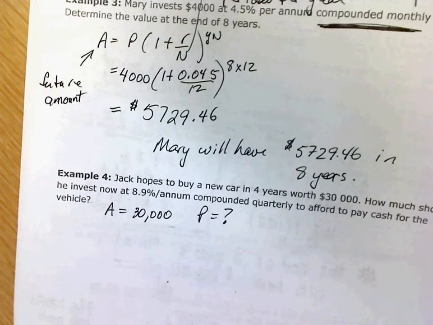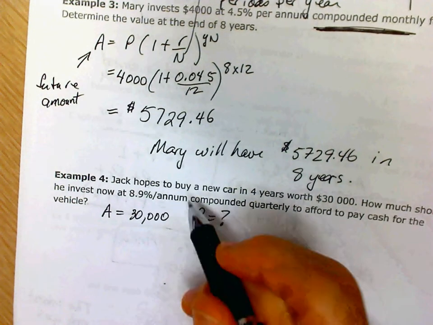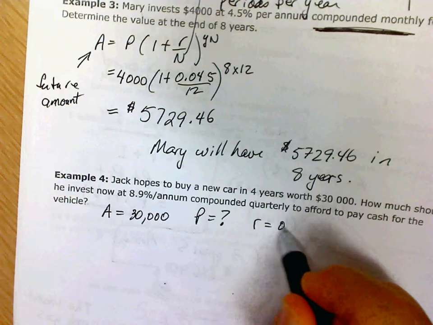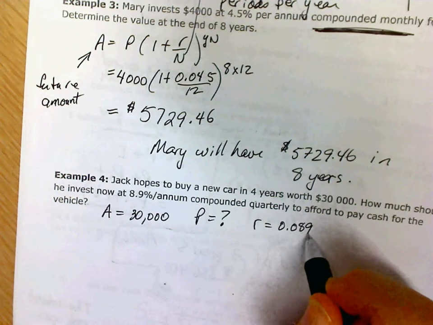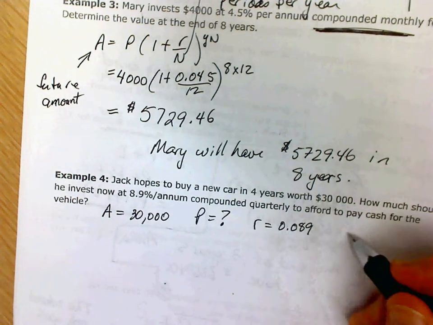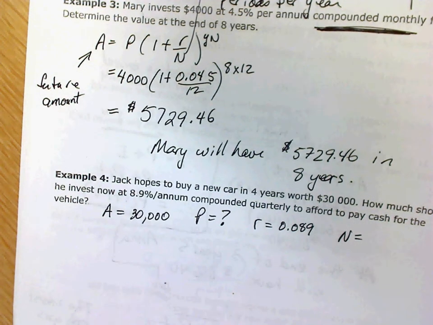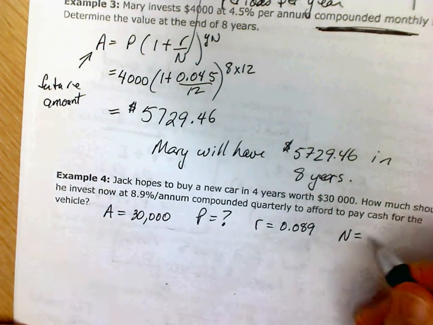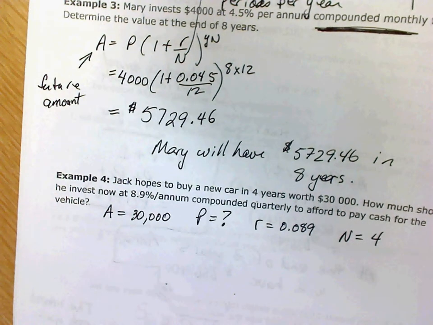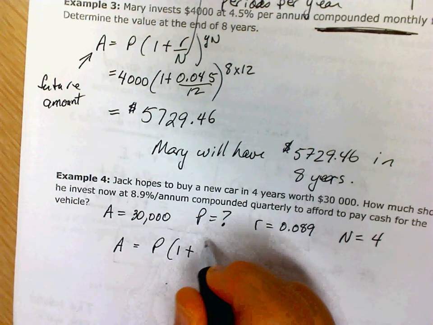Now they tell us r is equal to 0.089, and it's compounded quarterly. So if it's compounded quarterly, how many compounding periods do we have a year? So now we're ready to calculate it. A equals P times (1 plus r over n) to the yn.